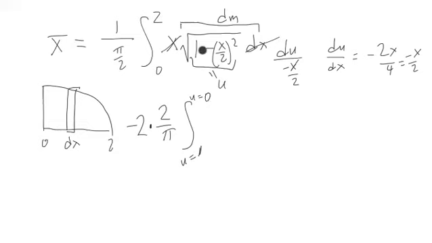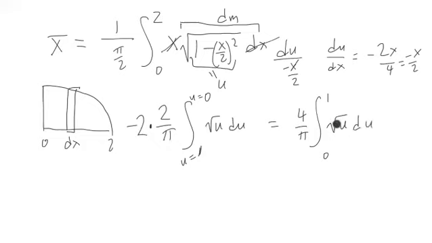And then we just have a square root of u here, du. So this is how it relates. Now, see this negative and this 1 to 0? Well, we can switch it to 0 to 1, and that will make it positive. And we'll end up getting 4 over pi times the integral from 0 to 1 of the square root of u du.